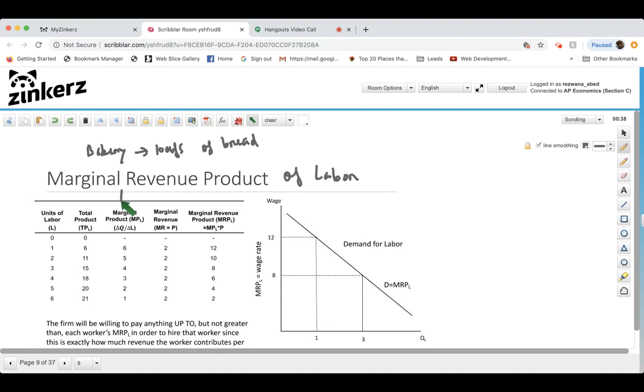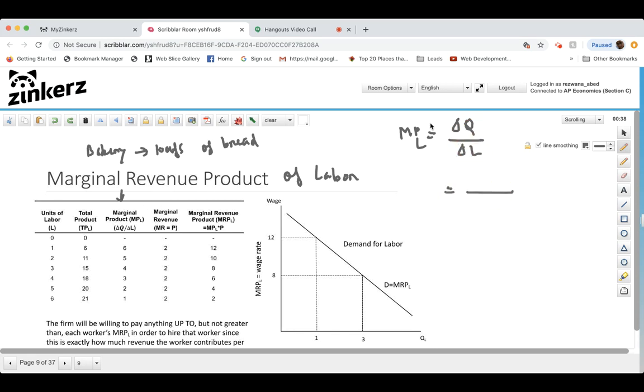And then we have in this column the marginal product, which is the change in quantity divided by the change in labor. As I mentioned earlier, the marginal product of labor is the change in quantity divided by the change in labor.